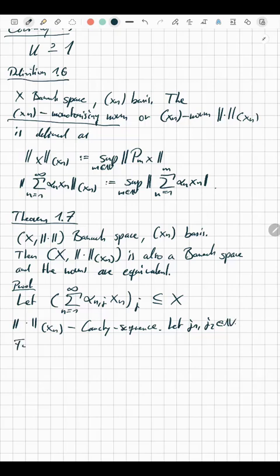Now, for k greater or equal to 2, we find that |alpha_{k,j1} minus alpha_{k,j2}| times the norm of the kth basis vector, well, this is the same as the following. We pull in this absolute value into the norm, and then we add a bunch of vectors in a bunch of dimensions and then just remove them again.